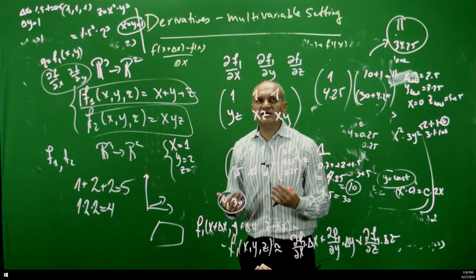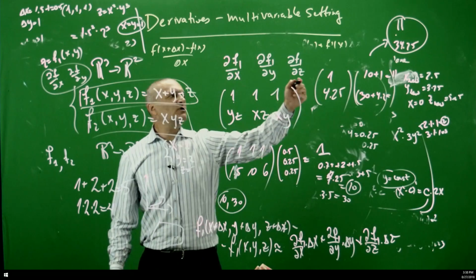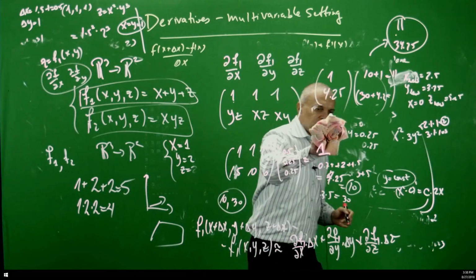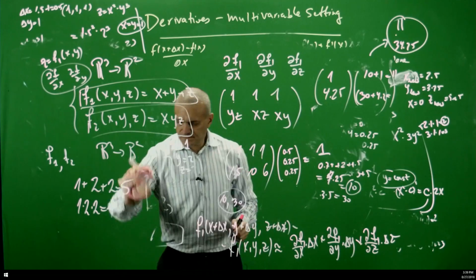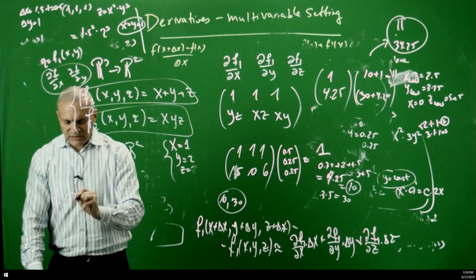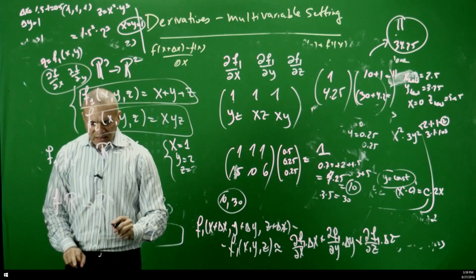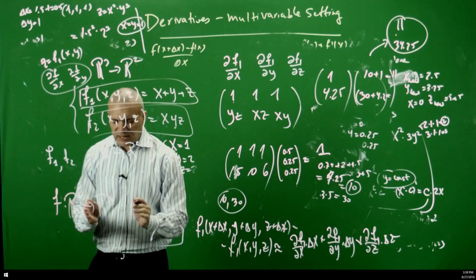The idea here is that when you have a function from Rn to Rm, you can think about this as basically being m one-dimensional functions.